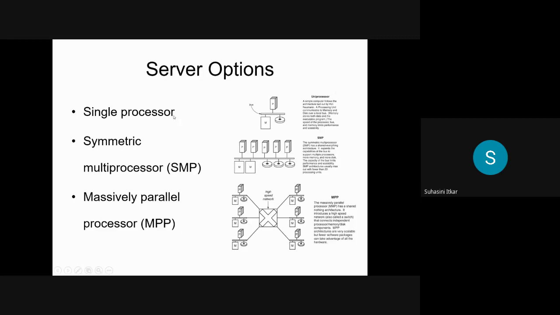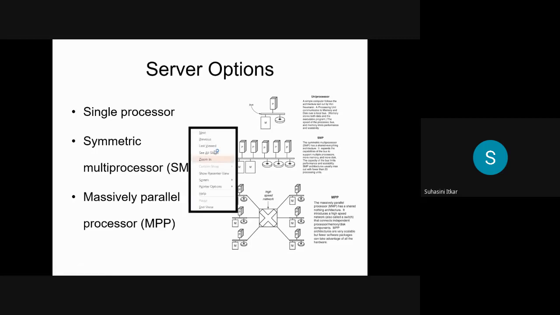For a smaller application, we may use a dedicated single server, but for higher enterprise level applications where the need for the data warehouse is huge and high availability is also expected, we can use the symmetric multiprocessor architecture or the massively parallel processor architecture.